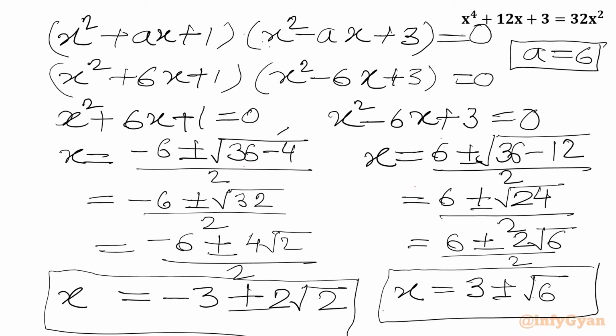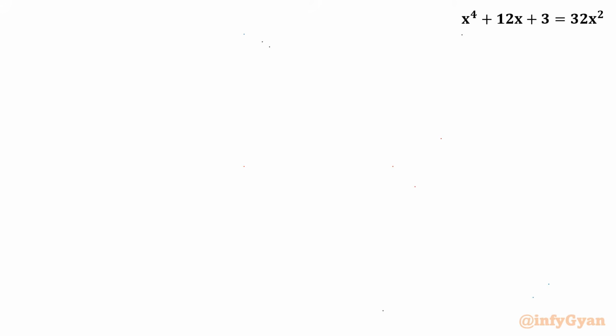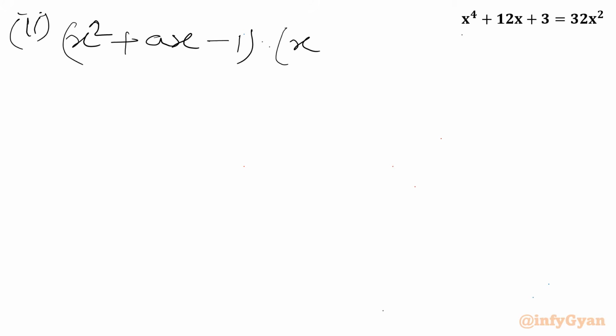Now I will consider the second case: (x^2 + ax - 1)(x^2 - ax - 3) = 0. Still we will be getting +3, as -1 times -3 is +3.